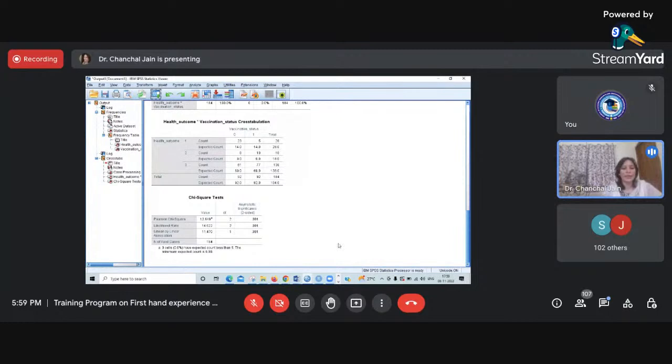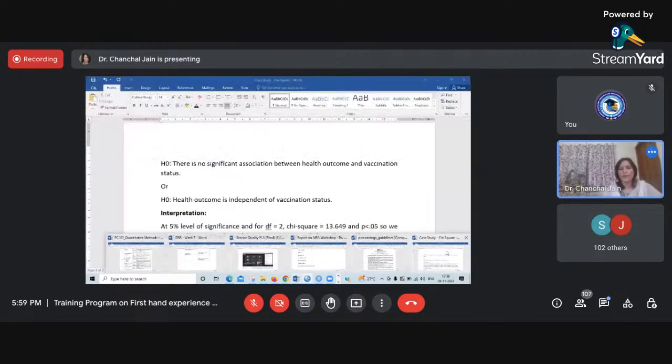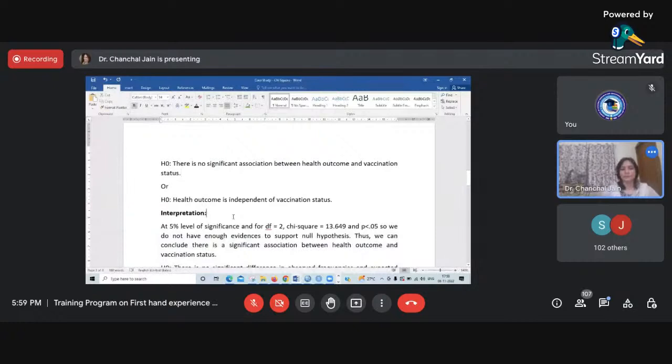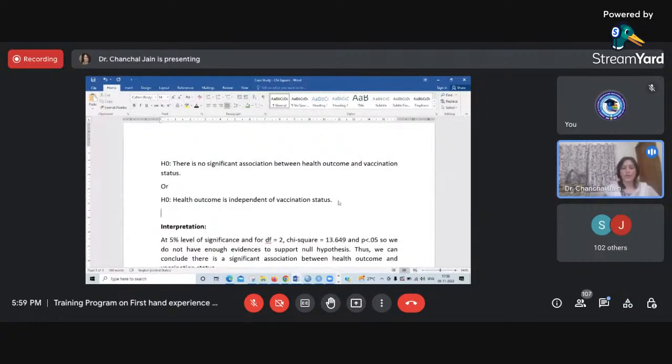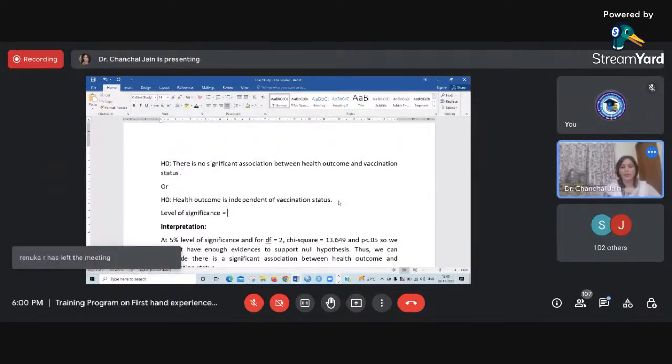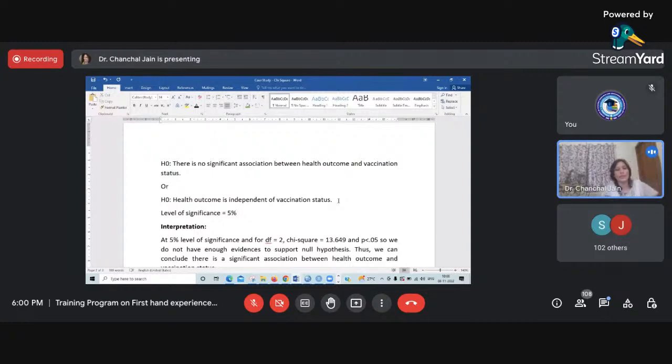I'm going to the Word file. If we have set the level of significance at 5%, that means we are taking a risk of rejecting a true null hypothesis. The chance that the hypothesis is true and we are rejecting it is only 5%. So 5% means 0.05, right, ma'am?